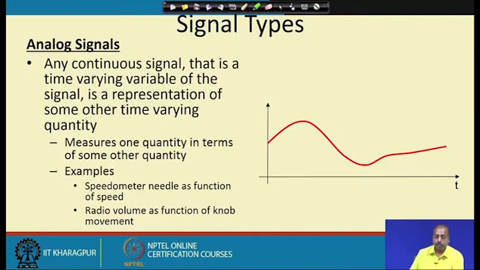For example, the speedometer needle as a function of speed. The speedometer needle represents the speed of the vehicle. The needle is moving, which is a physical signal, and this actual physical signal that is changing is the speed of the vehicle. That way one signal is representing another time varying variable.